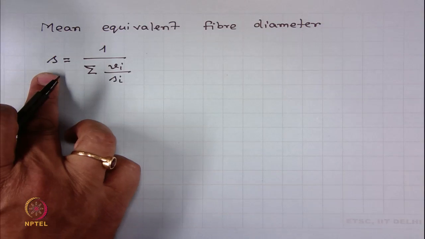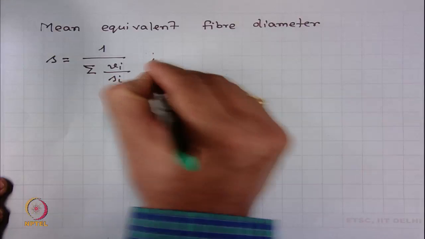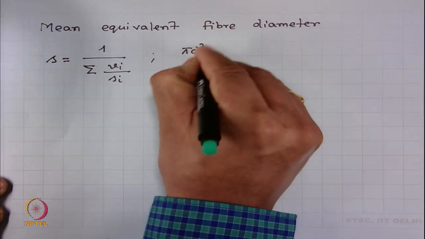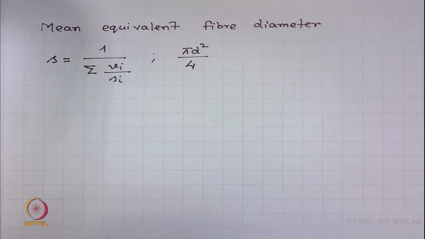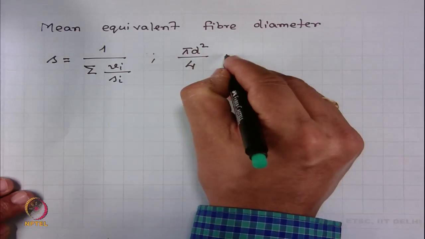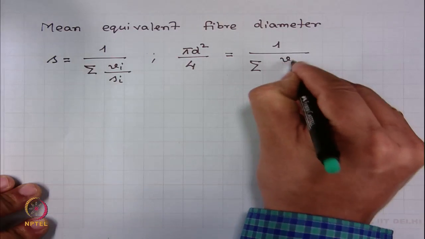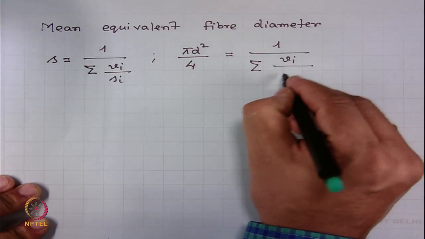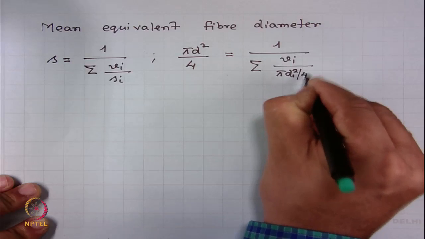What is this S? S we can write as pi d square by 4, where d is the mean equivalent fiber diameter in the blend, which is equal to 1 by summation volume fraction and SI, pi di square by 4.